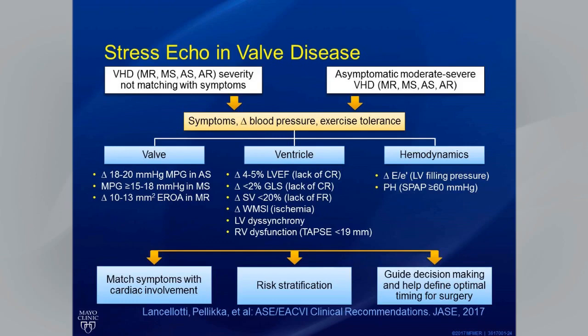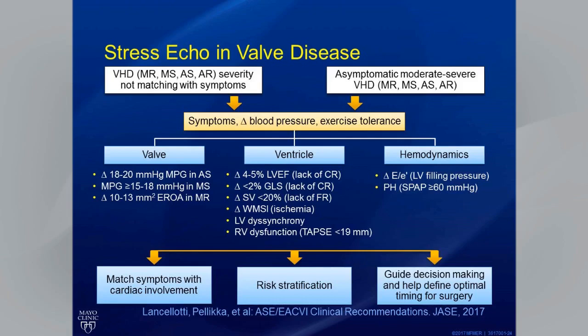Now, there are many things that we can measure. We can measure the change in gradient across the valve in the patient with aortic stenosis or mitral stenosis, and indeed an increase of more than 18 to 20 millimeters mercury in aortic stenosis has been associated with a worse prognosis, as has a mean pressure gradient of more than 15 to 18 with mitral stenosis.